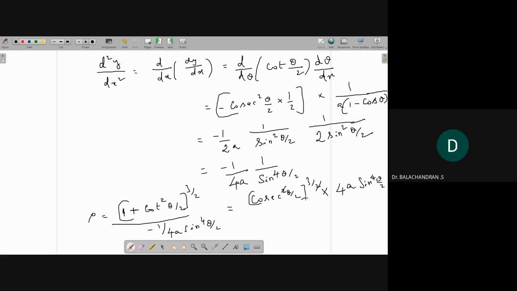This is sine cube theta by 2, cosecant cube theta by 2, you can write 1 by sine cube theta by 2 into 4a sine power 4 theta by 2. The final answer is 4a sine theta by 2.